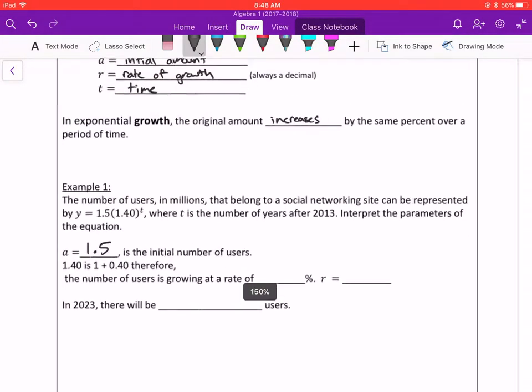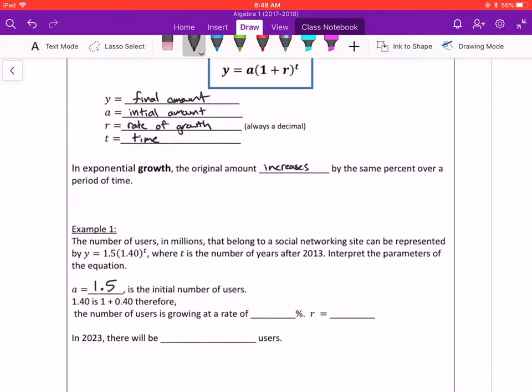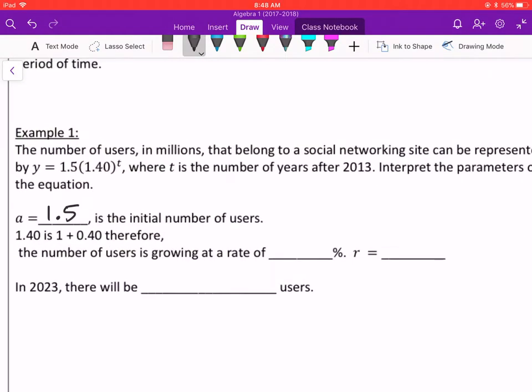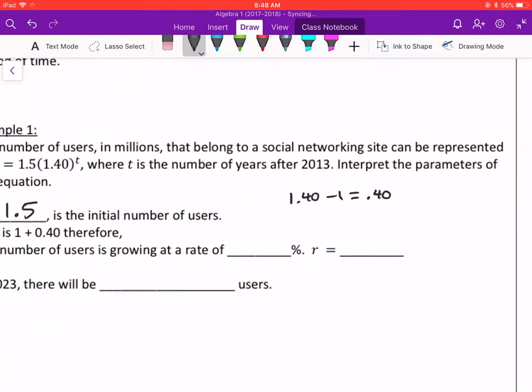Now, 1.40 is your base, which is 1 plus R. So if you want to find out what the rate R is, all you do is take your 1.40 inside the parentheses and subtract 1 from it. So if I minus 1, it's going to give us 0.40, and then convert that to a percentage.